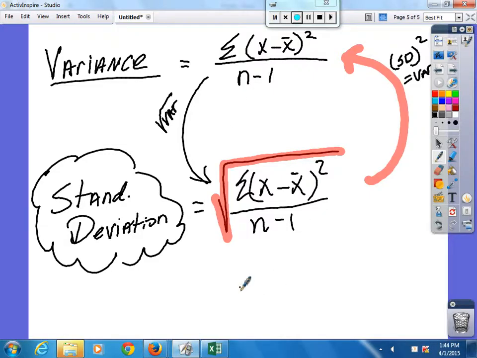So square root of 190 over n minus 1. Well, what was n? How many numbers we got? What's 9 minus 1? 8.